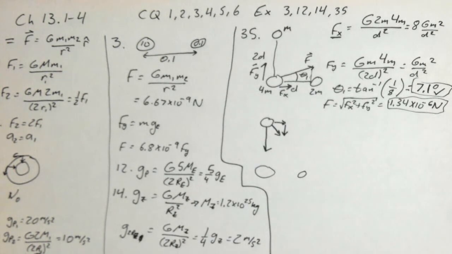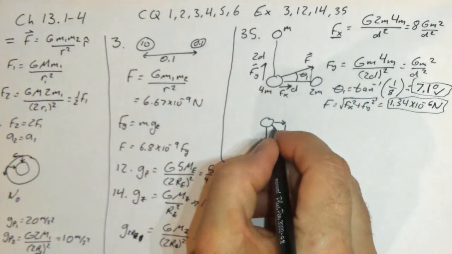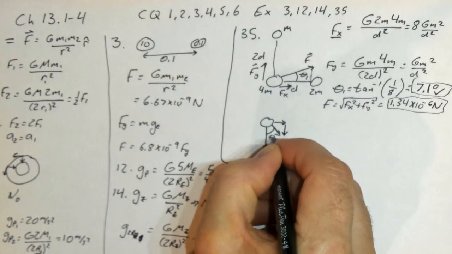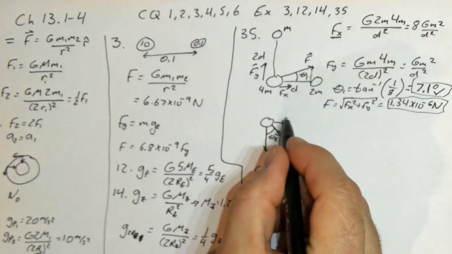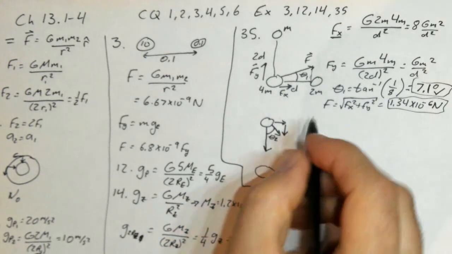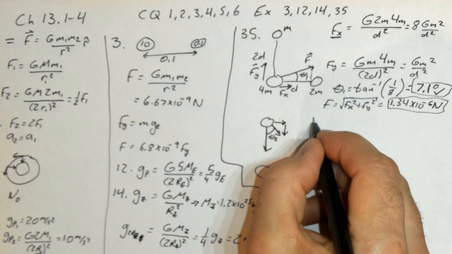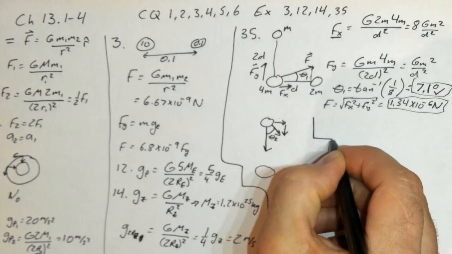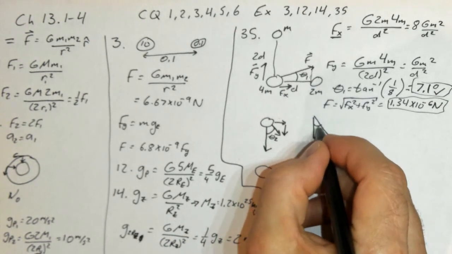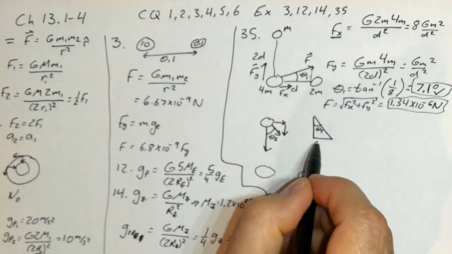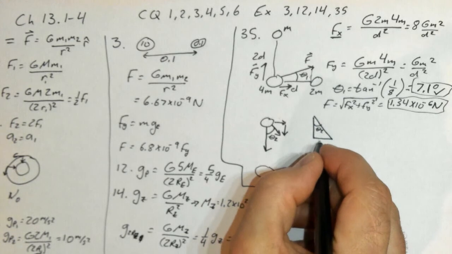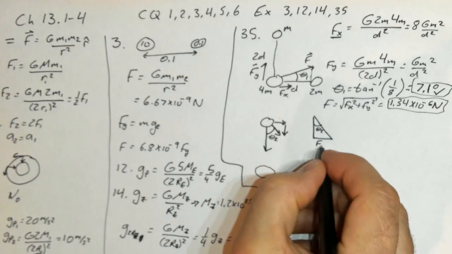So let's try and make this simple. I'm going to call this theta 2 there. I could bring this piece here and put it down here, so I'm going to have a triangle that looks like this. And this will be the x component of this one.